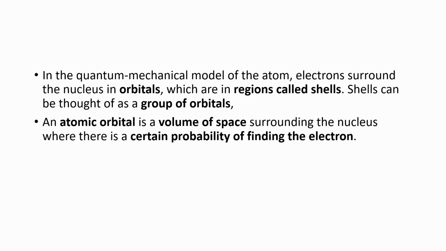In the quantum mechanical model of an atom, electrons surround the nucleus in orbitals, which are in regions called shells. So shells contain orbitals, and orbitals contain electrons. Okay?